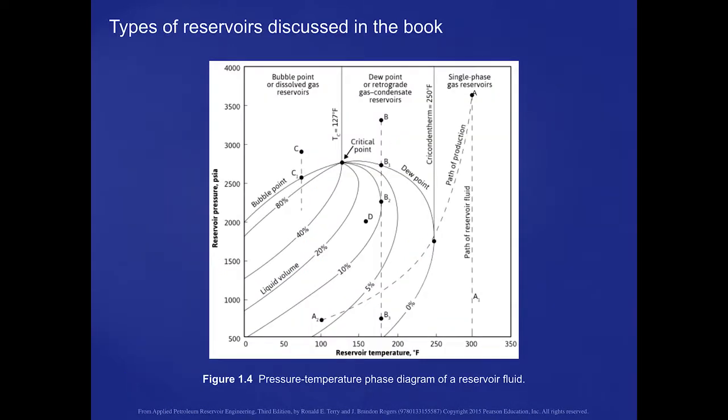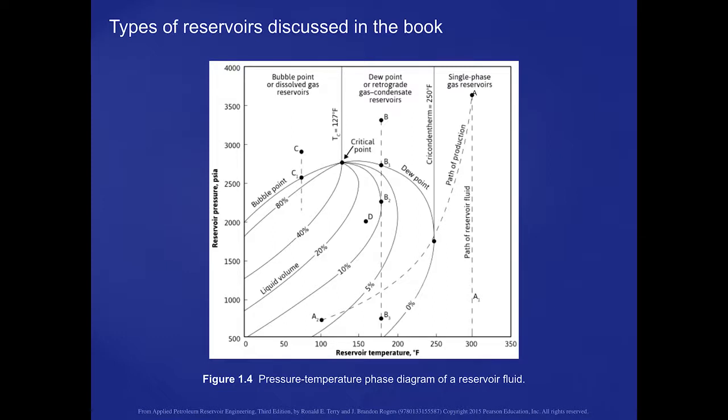This slide shows the types of reservoirs that will be discussed in this series of lessons and that are discussed in the book. You can see on the right-hand side of this picture is what we call a single-phase gas oil reservoir. This is where we drill into the reservoir. We find hydrocarbon in place, and it's at the pressure and the temperature that correspond with point A in this diagram.